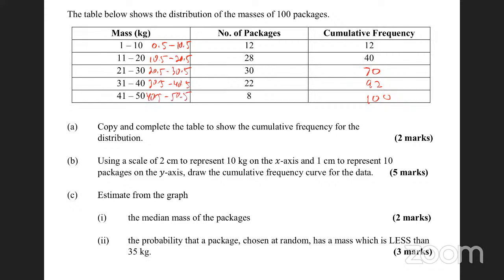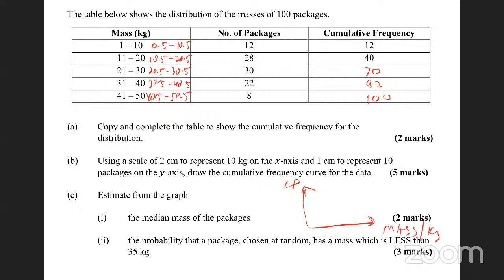This is 40.5 to 50.5. All right? But what do we plot for a cumulative frequency graph? Remember you have something like this: cumulative frequency, and down here you're going to have mass.